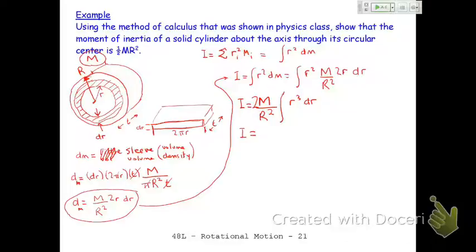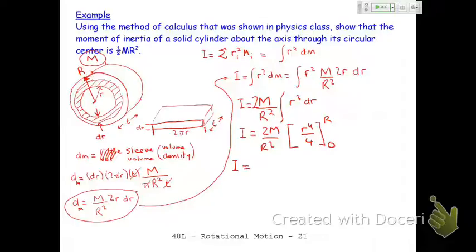So I is equal to 2m over big R squared times r to the 4th over 4, and it goes between the lower limit 0 because it's the middle, and the outer limit in letter terms is big R, because that's the radius of the outside edge of the cylinder. You don't have any sleeves beyond there.